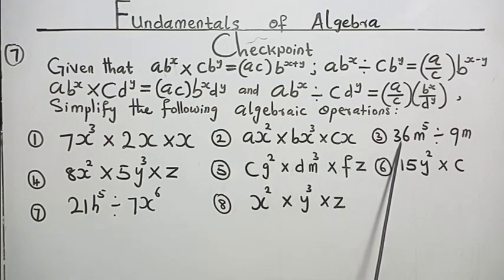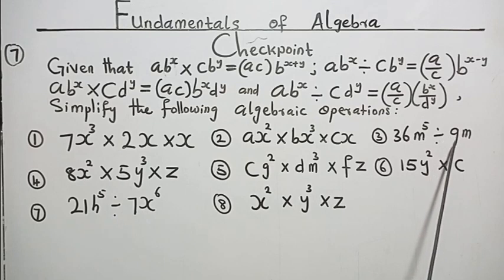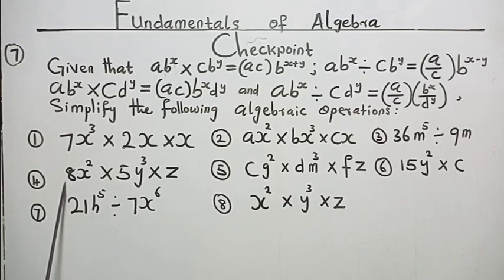Number 3, that is 6m to the power 5 divided by 9m. Pick the law that is appropriate for simplifying this algebraic operation. Same goes to number 4, 8x to the power 2 times 5y to the power 3 times z.